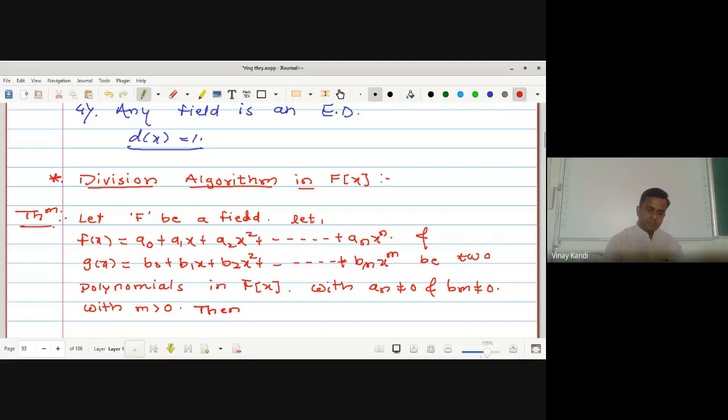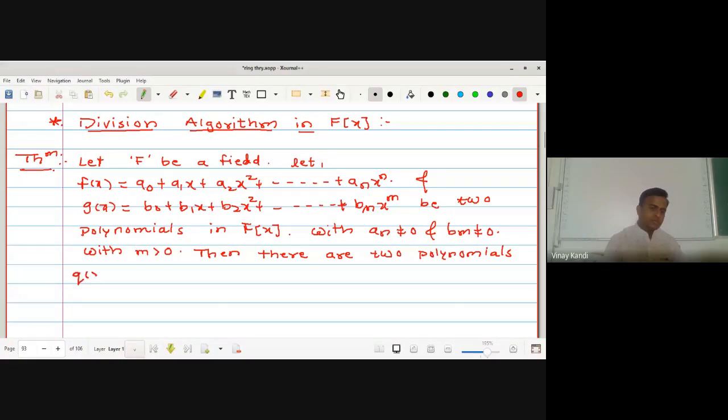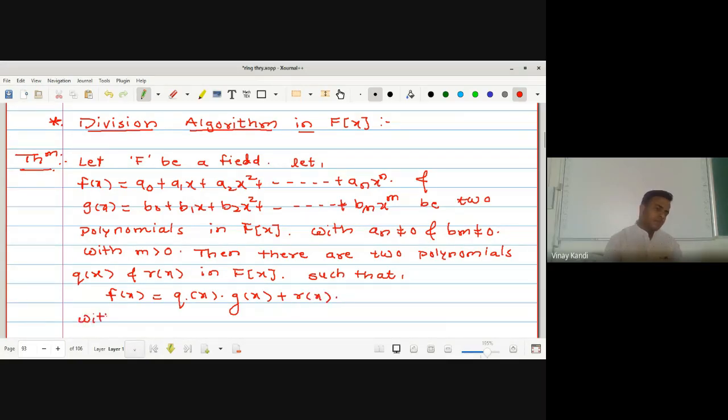Then there are two polynomials q of x and r of x in capital F of x, the ring of polynomials, such that we can write f of x equals q of x into g of x plus r of x, with the degree of r of x always less than the degree of g of x.